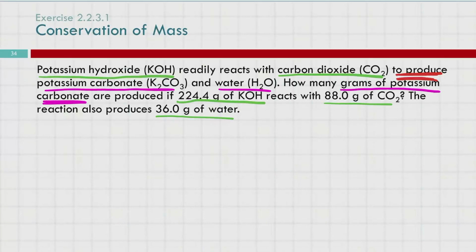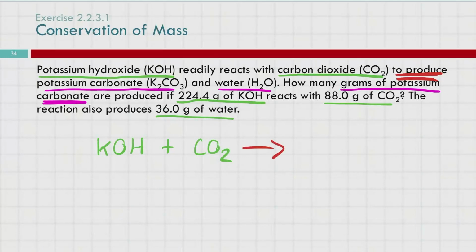So in our first sentence, right, potassium hydroxide reacts with carbon dioxide. That means those are our reactants. I'm going to use the chemical symbols because it's a lot shorter than writing the whole thing out. So KOH plus CO2. KOH and CO2 are our two reactants.